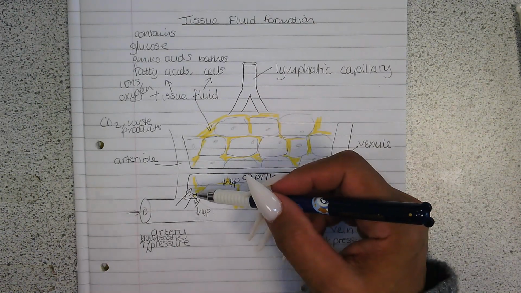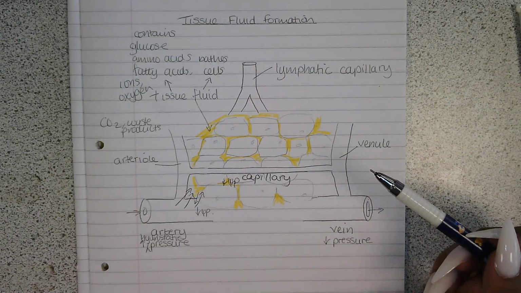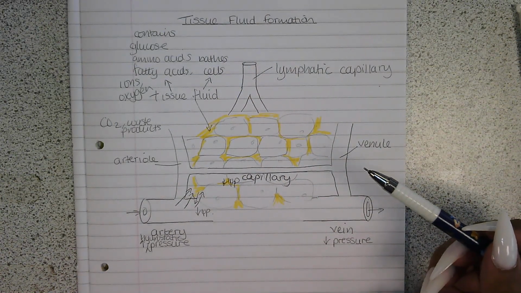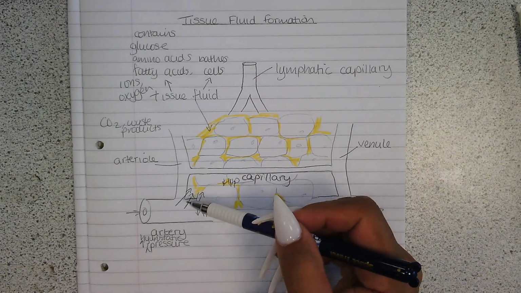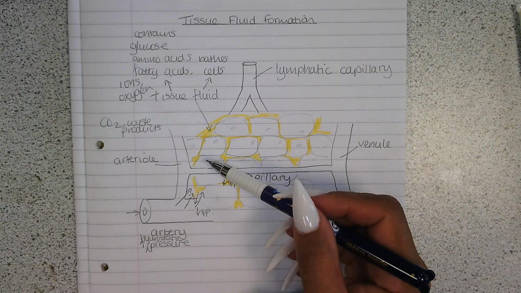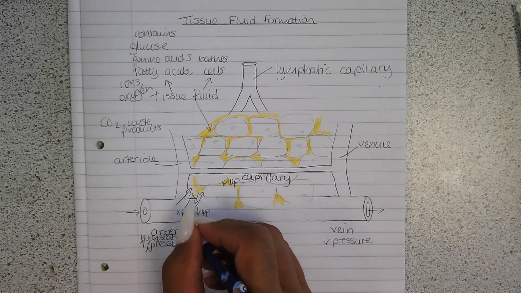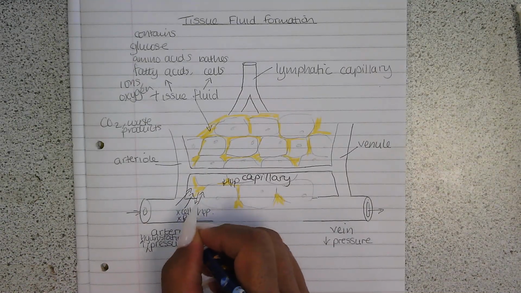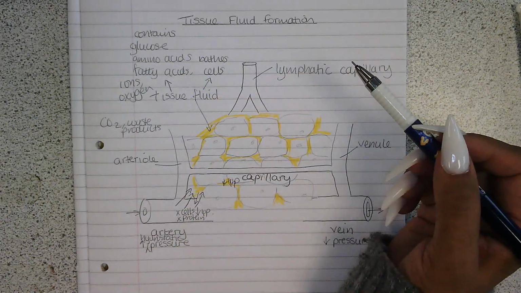Remember what tissue fluid is. It's a solution that contains all the things that the cells need. This pressure, although it's high, is only enough for small things to move into the tissue fluid. So larger things like cells and proteins don't move out. They're too big, but these substances will.